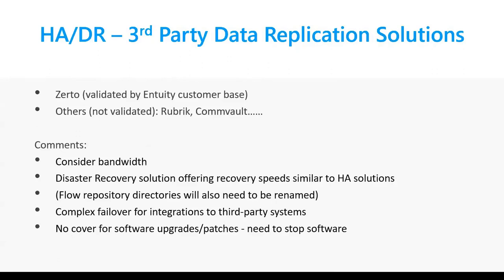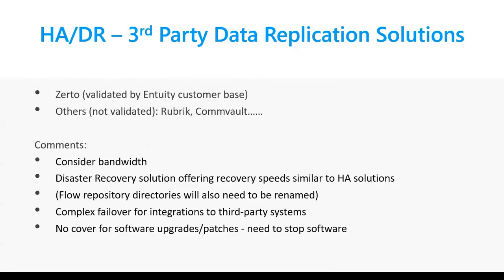Again, here with these kinds of data replication solutions, things to consider is the bandwidth, because there is data being replicated continuously, so ensure that you've taken that into account. In terms of speed, it's similar to the kind of HA solution that we've spoken about in terms of VMware vMotion and clustering.